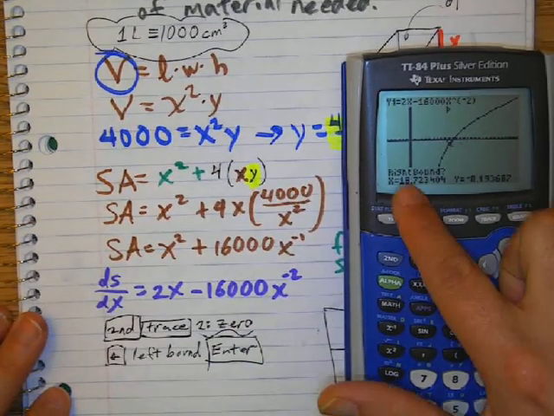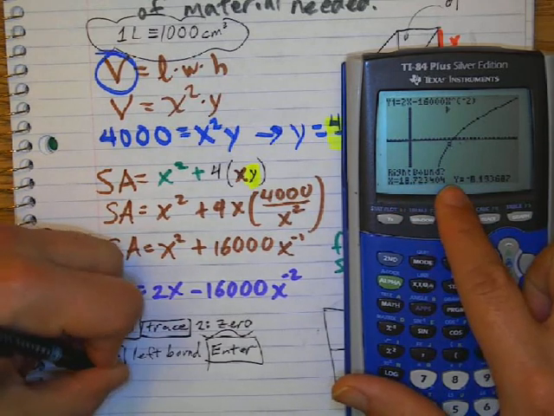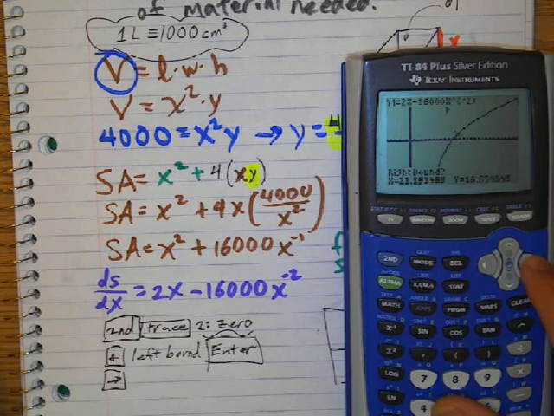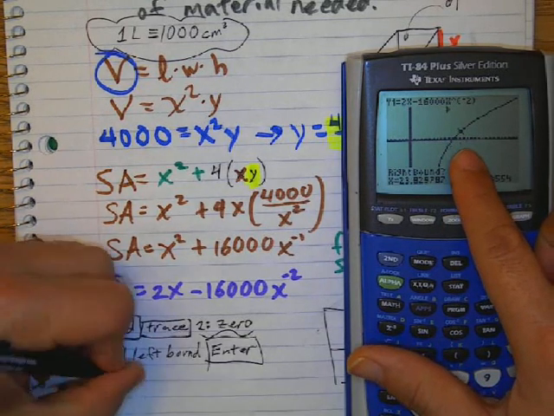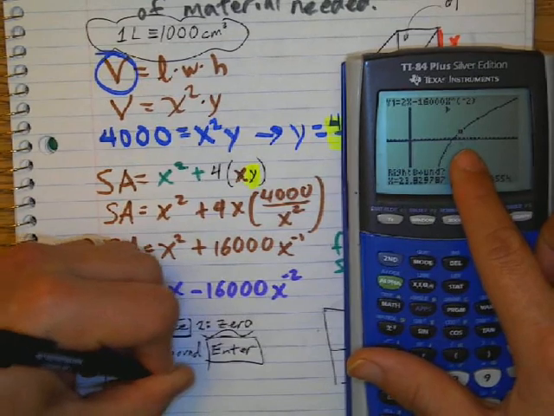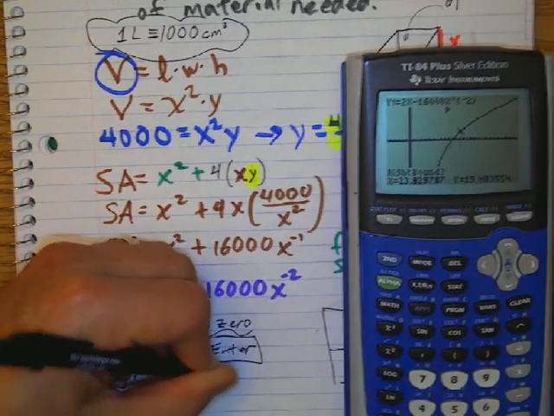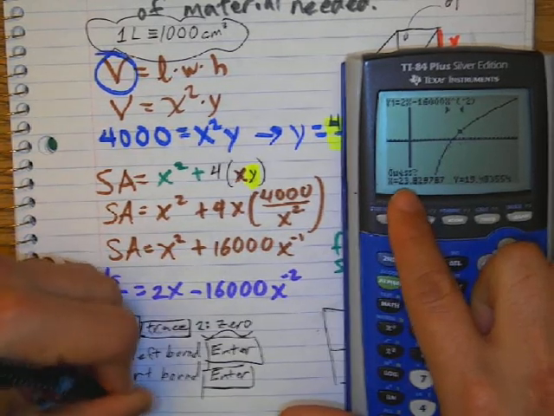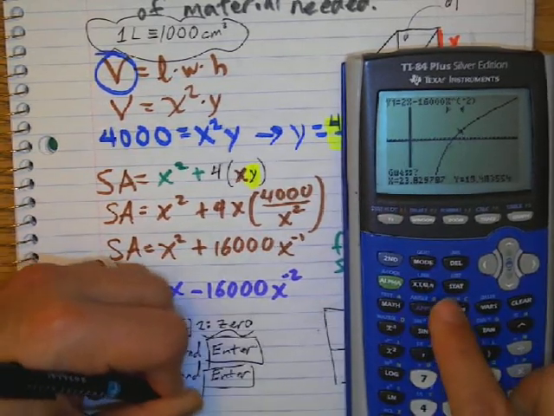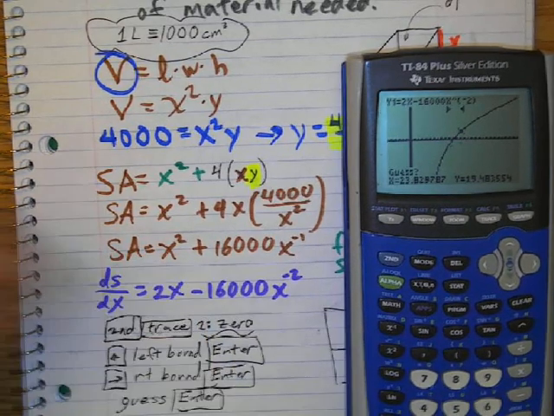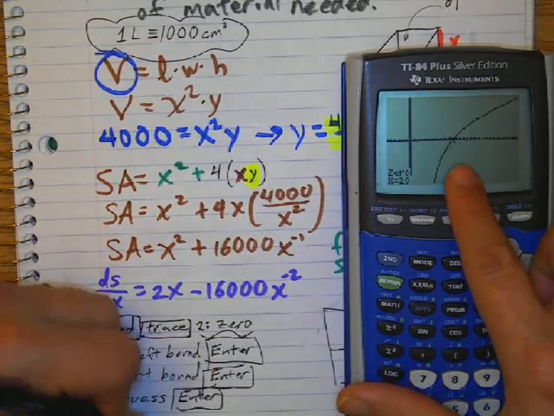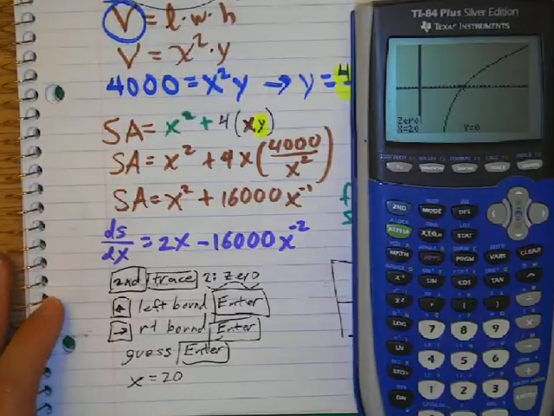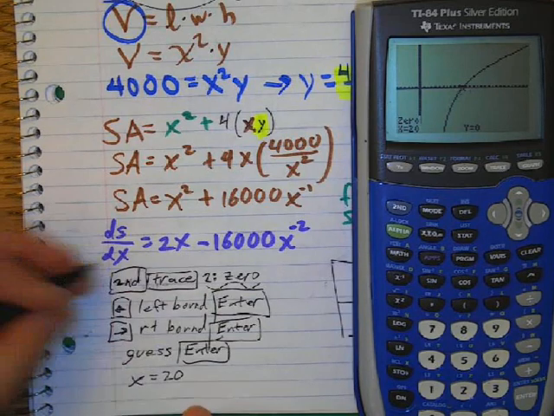And then it says right bound, so I hit the right arrow until I get to the right side here, and then I hit enter. And then it says guess, and I hit enter. And then it's going to say that x equals 20. And the units of this is centimeters, right?